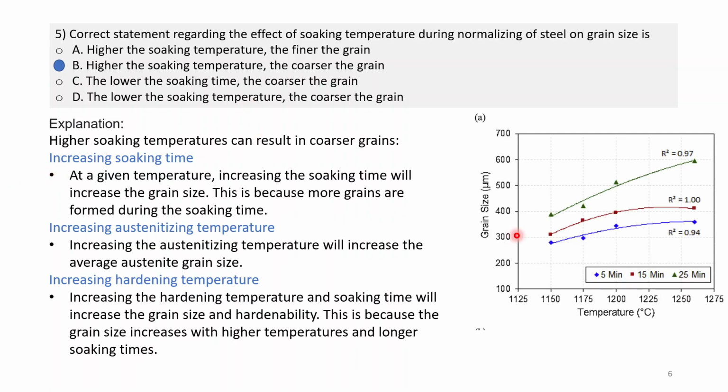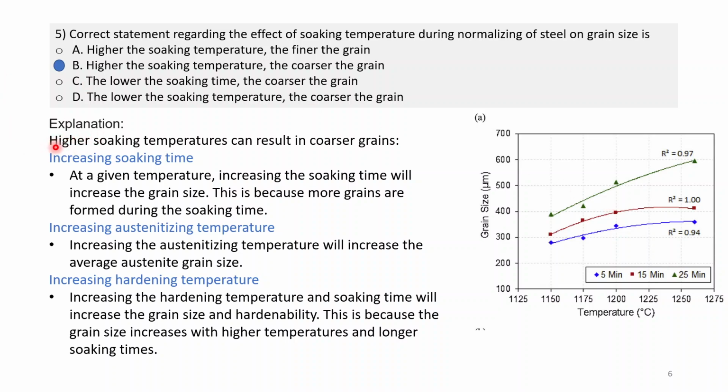Here also you can see with increasing temperature, the grain size is increasing. It is given in micrometers. It changes with increasing temperature, and with increasing time as well it is increasing. If you give more time for coarsening, more diffusion will be there and more coarsening will be there.